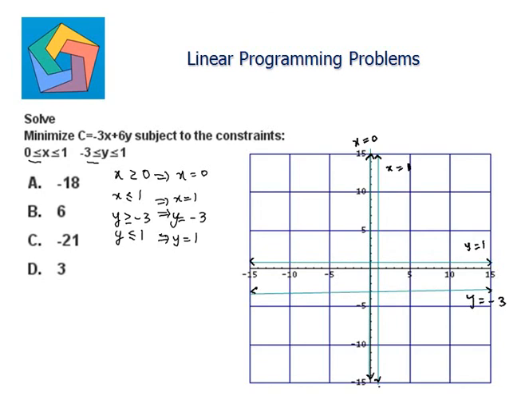X is greater than or equal to 0, to the right hand side. X is less than or equal to 1, to the left hand side. Y is greater than or equal to negative 3, upwards. Y is less than or equal to 1, downwards. So you will find the solution region will be this common region.